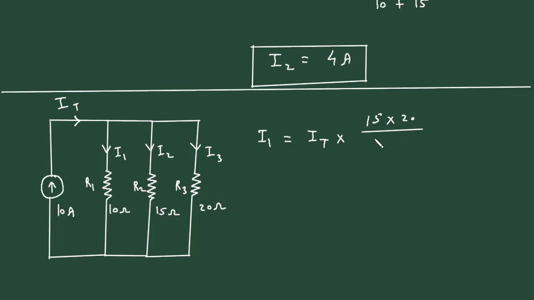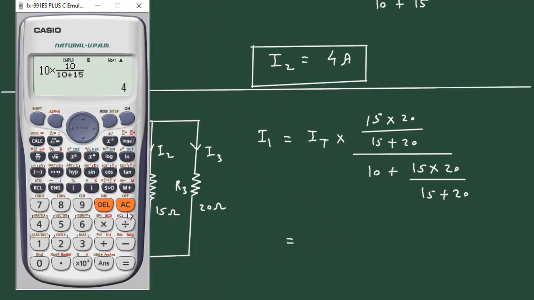R1 plus R2. Now if we substitute all these values here, so this will be IT is 10 ampere multiplied by R2. R2 is 15 ohm divided by R1 plus R2. So R1 is 10 plus R2 is 15.